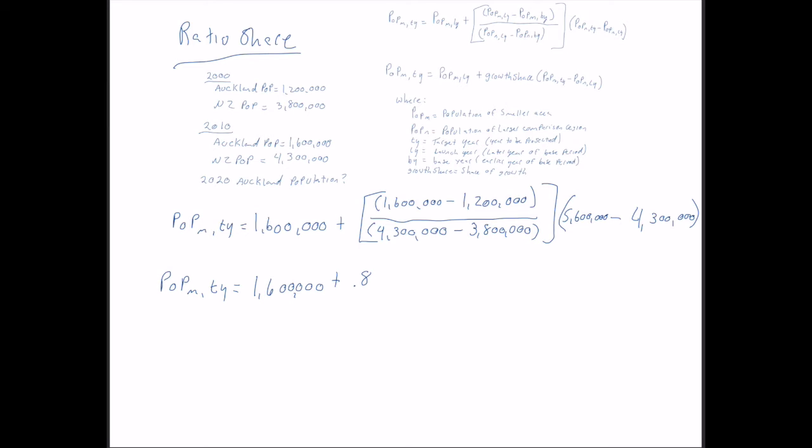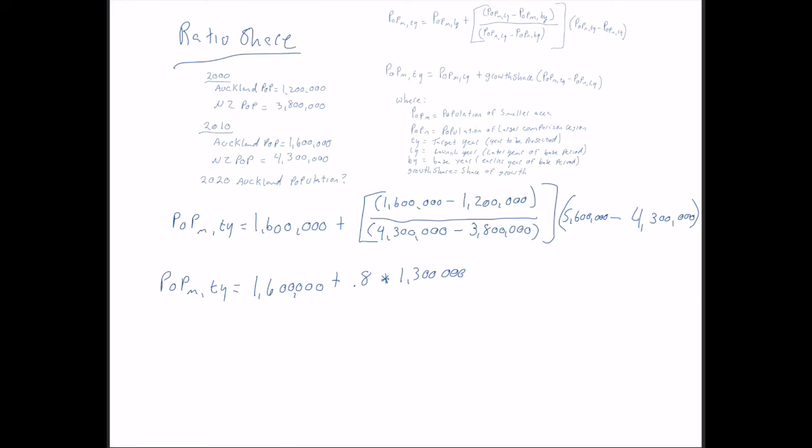And what that tells us is that 80% of all the future growth in New Zealand will go to Auckland based on this historic trend between 2000 and 2010. And then we multiply that by the projected or the observed growth rate in that parent area, in this case, all of the growth in New Zealand.